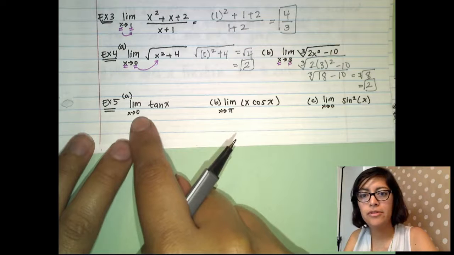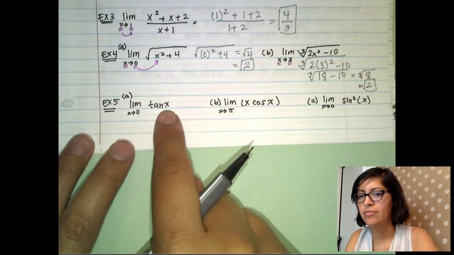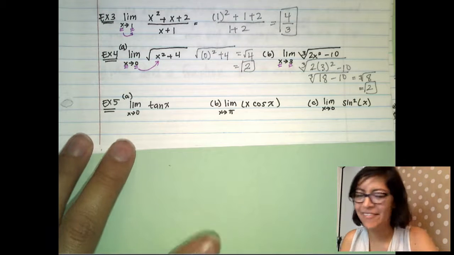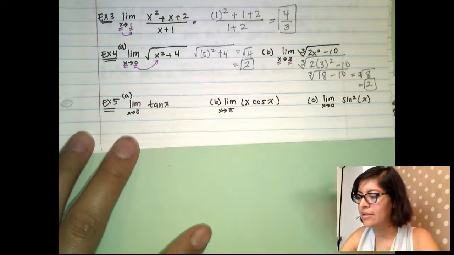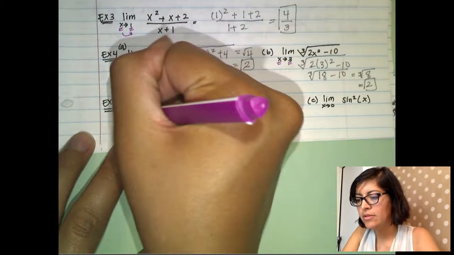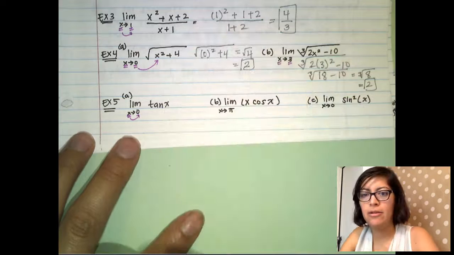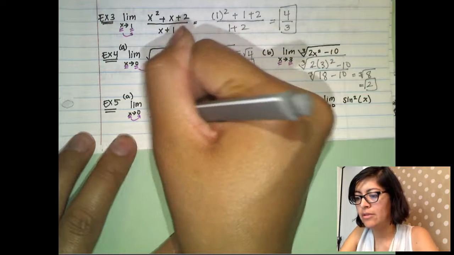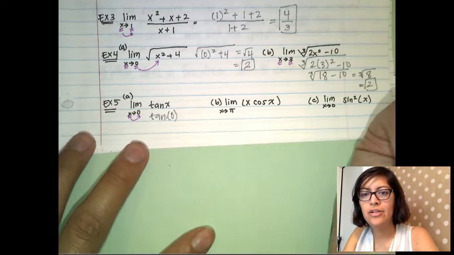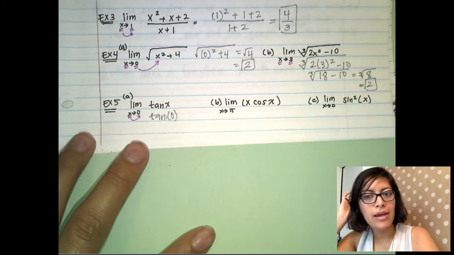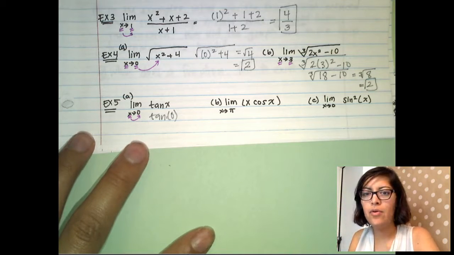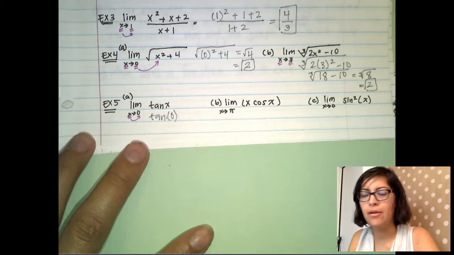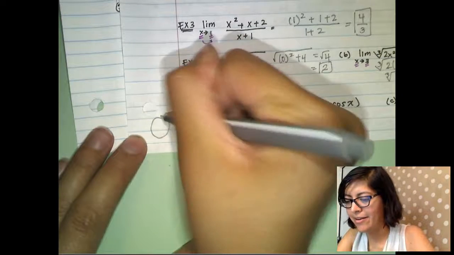So what happens as x approaches 0? Let's plug it in and hope that nothing weird happens, so that we don't have to do any more math. Remember, indeterminate means we need to do more math, and if we can do less math, that's good in my books. So this is tangent of 0. Let's bring our unit circle back over here.